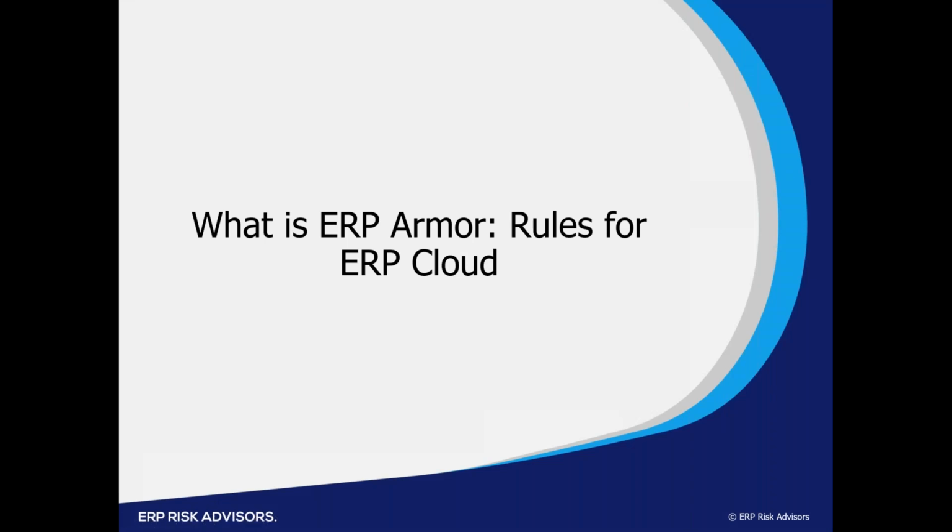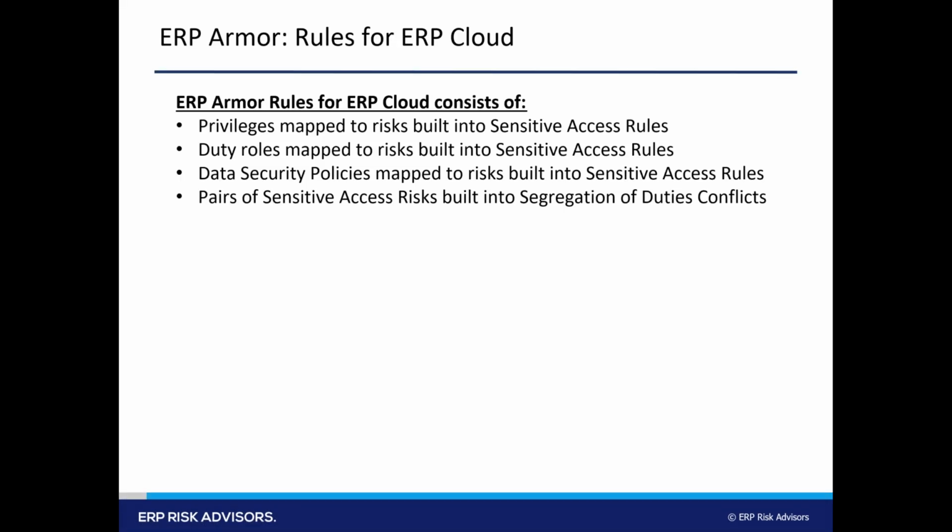So what we do, our product is called the ERP Armor. It is what we call risk content. It's a series of SOD and sensitive access rules that we do update patch over patch. So if you subscribe to our rules and you use SafePass software, what you're going to get is an always updated process.